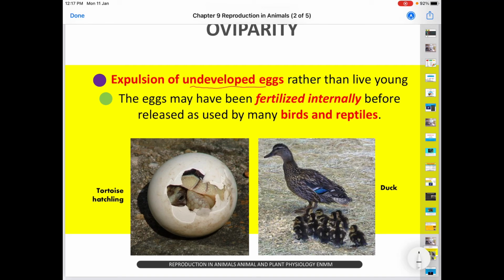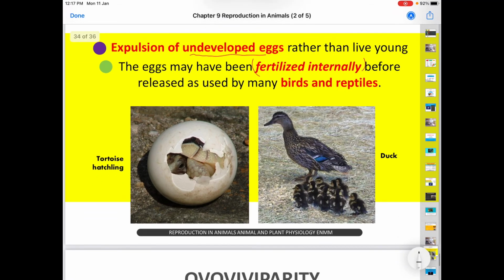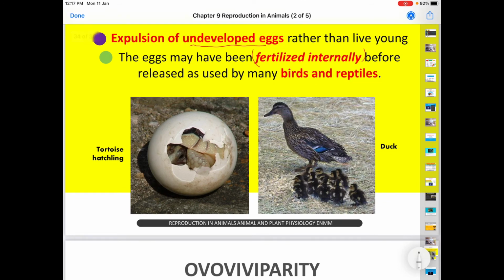The eggs may have been fertilized internally before release, as with many birds and reptiles. For example, tortoise hatchlings. When the tortoise hatches eggs, the eggs need time for the offspring to hatch from the eggs and then live as young. It takes time, like chicken.